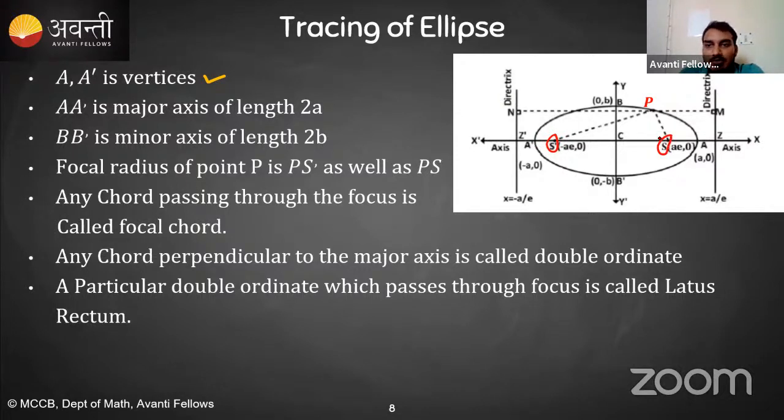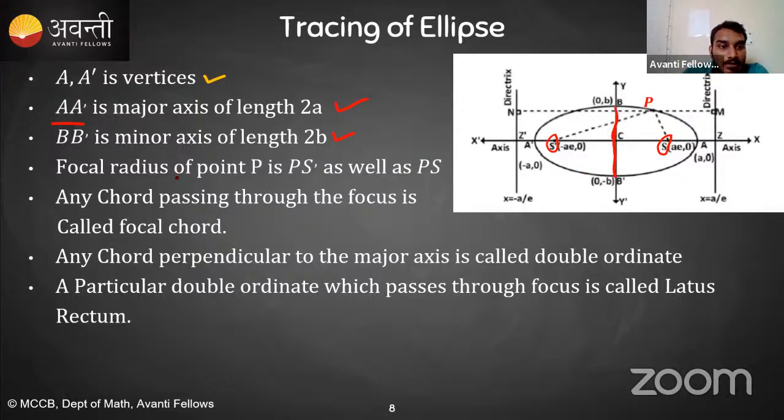We will come back to it. Just focus on the terminology here. A A dash is the major axis of length 2a. This also we have discussed. B B dash is the minor axis of length 2b. Clear? This B B dash is of length 2b, right?